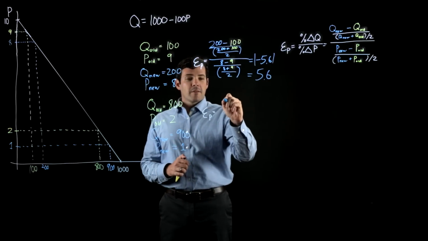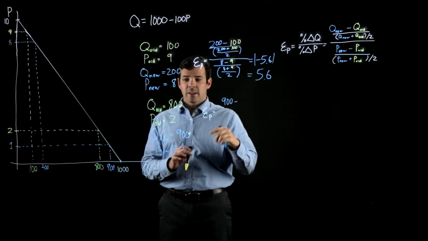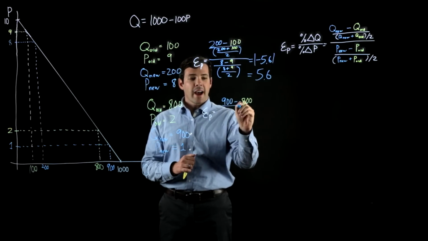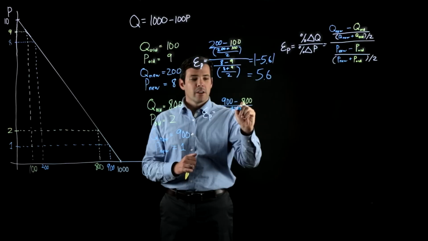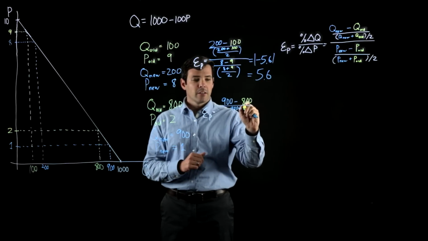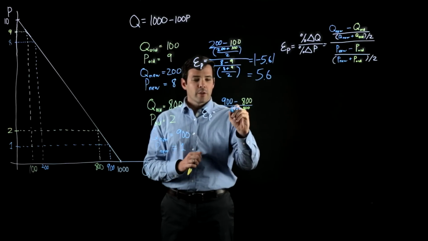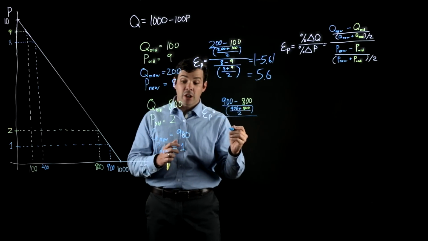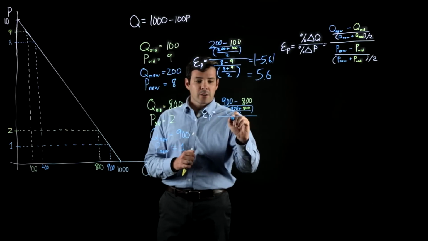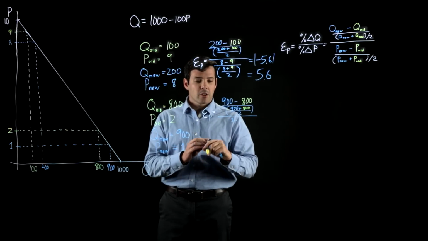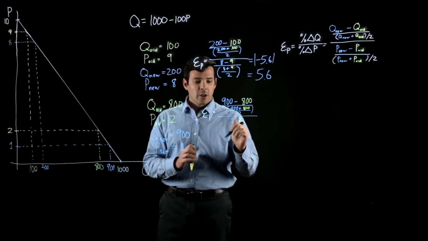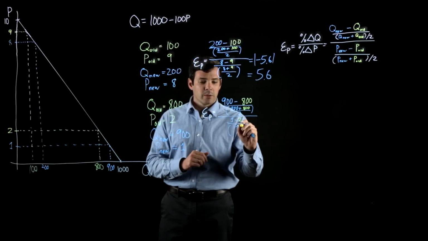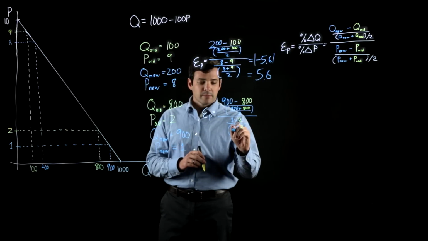New quantity of 900 minus the old quantity of 800 over the average, 900 plus 800 over 2, over the percent change in price, the new price of 1 minus the old price of 2, over the average, 1 plus 2 over 2.